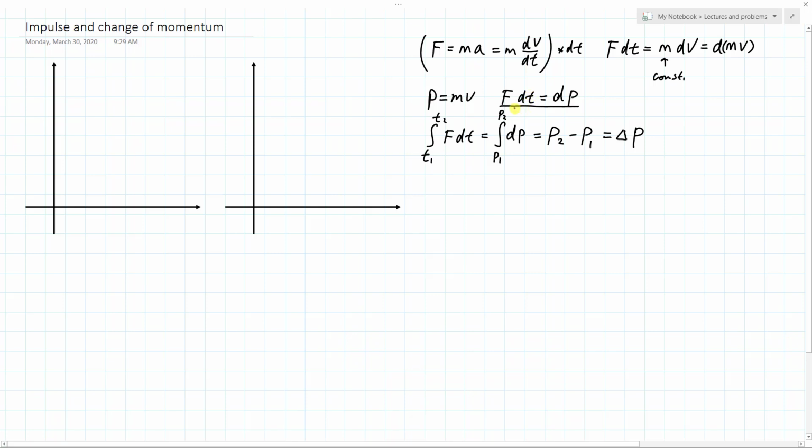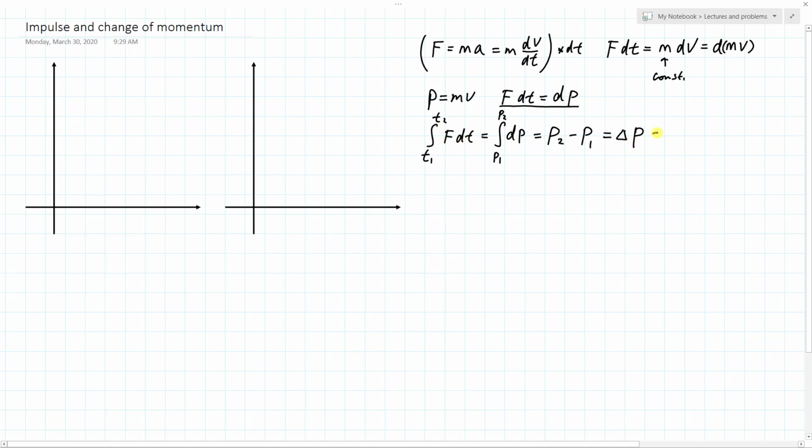If you integrate all that effect over a duration of time, that gives you a finite change of momentum, due to a force applied for a duration between t1 and t2. The force may be variable in time, or maybe a constant force, but the force being applied for a duration causes momentum to change.